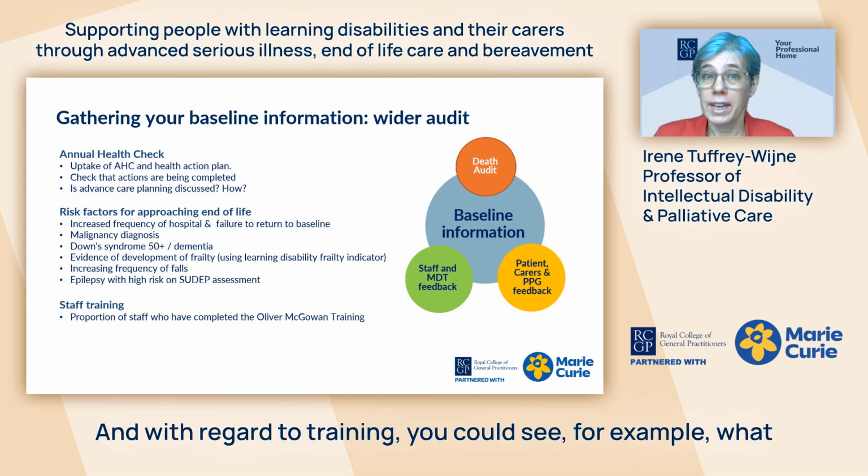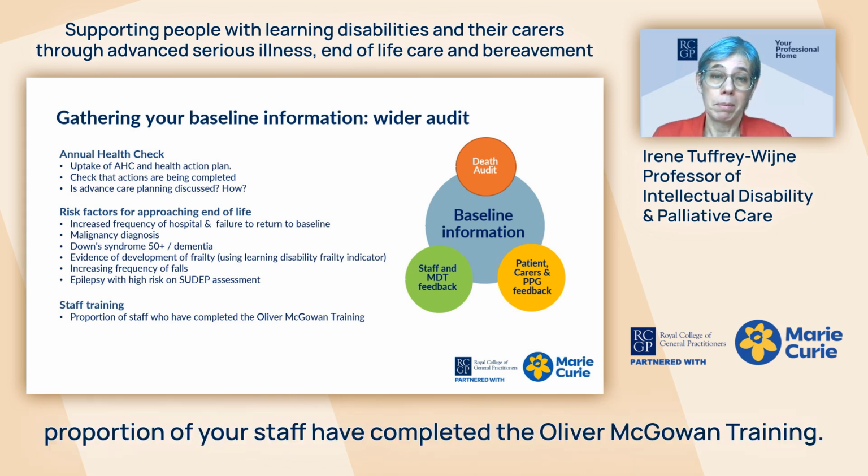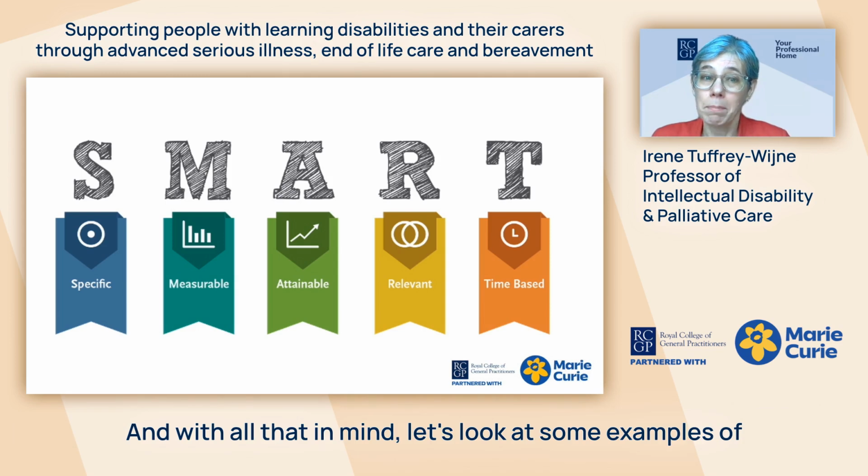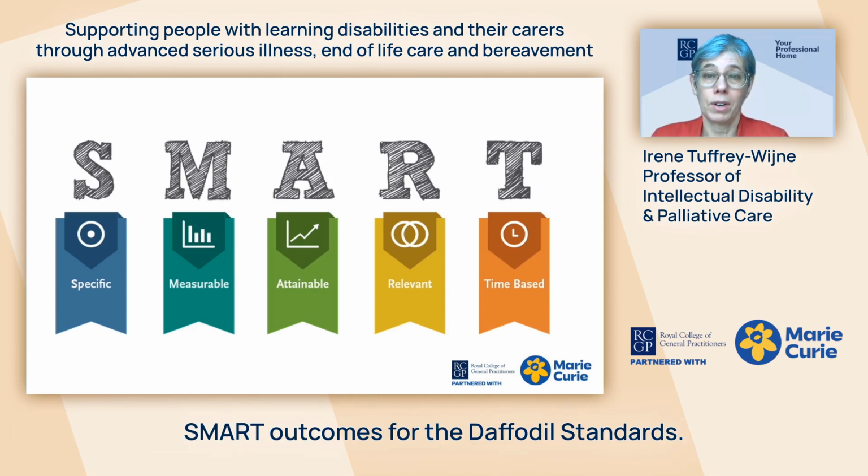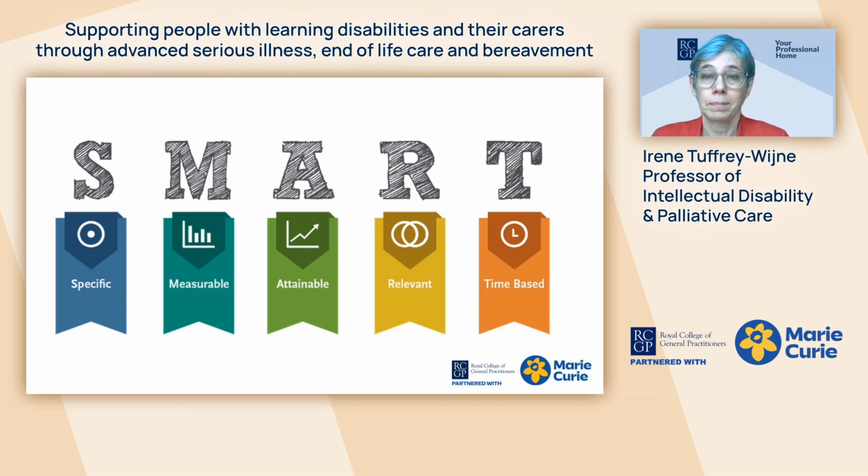And with regard to training, you could see, for example, what proportion of your staff have completed the Oliver McGowan training. And with all that in mind, let's look at some examples of SMART outcomes for the Daffodil standards.